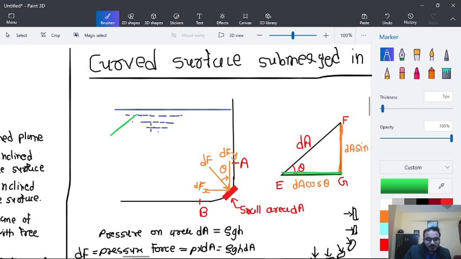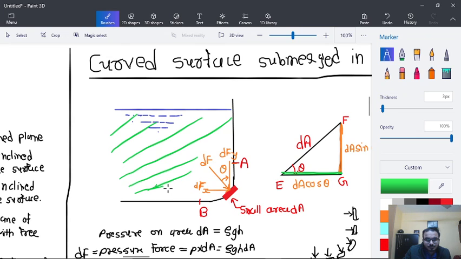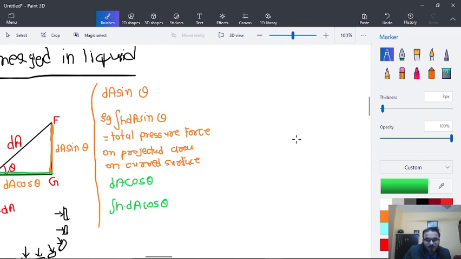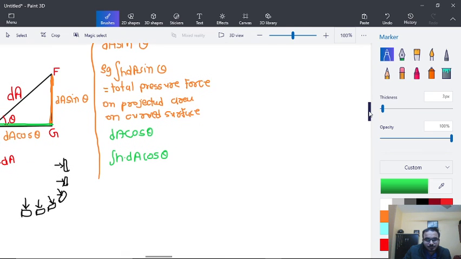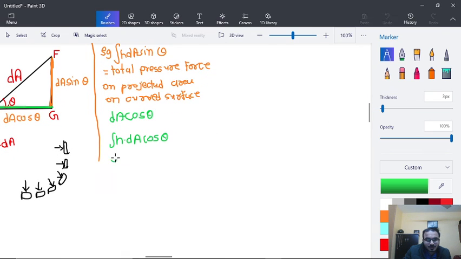So that integration will give us this total volume over here. Okay, so when we have rho g integration h dA cos theta, then this is nothing but the weight.